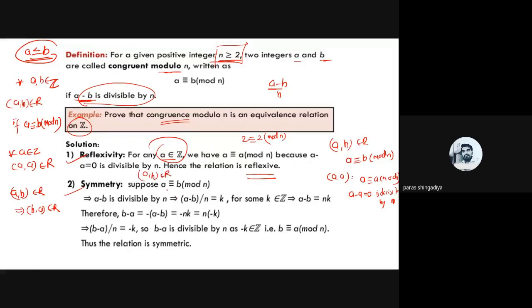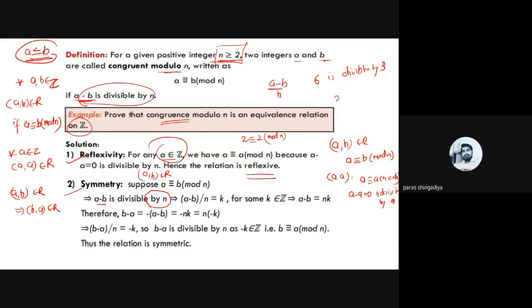So what does it mean? A congruent to B mod n. What is the meaning of A congruent to B mod n? It means A minus B is divisible by n. So what is the meaning of that? For example, if I consider 6 is divisible by 3, what does it mean?